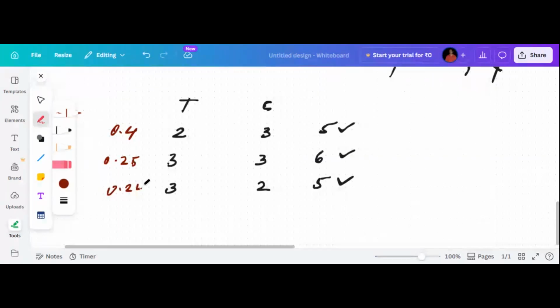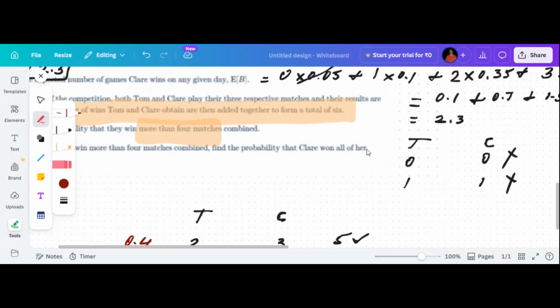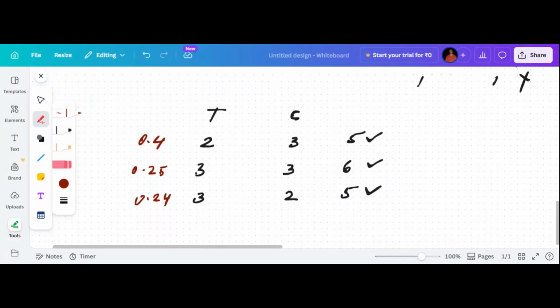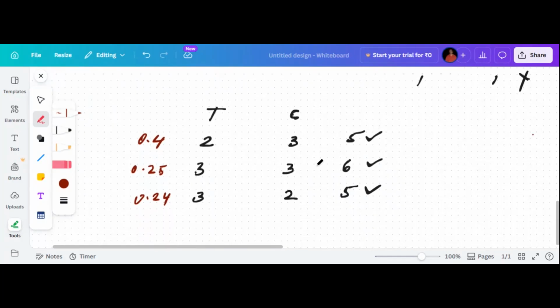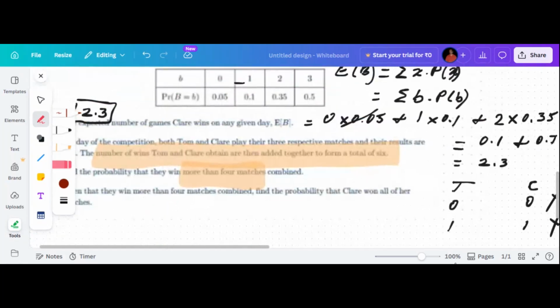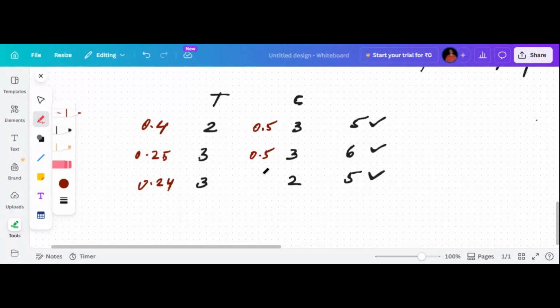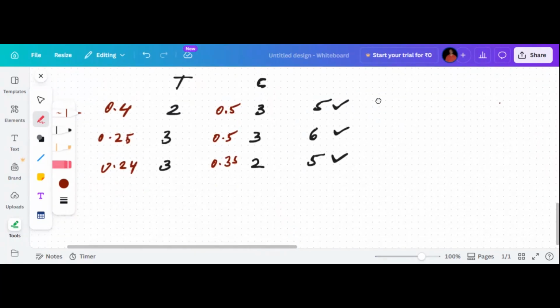Clara wins 3, that's given to us. The probability is 0.5. Clara wins 2, it is 0.35. Am I right? 0.35. Okay.